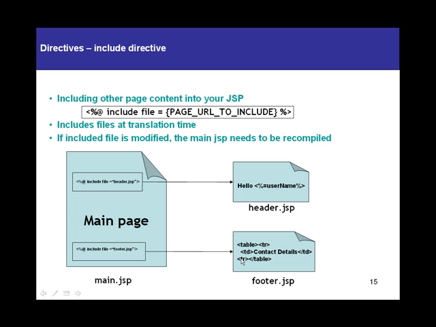Okay, good. So the next directive is the include directive, right? So similarly the include directive will have include as the name in the second element after the tags. Again we say include file is equal to whatever file you want to include in this page, right? So let's take an example.